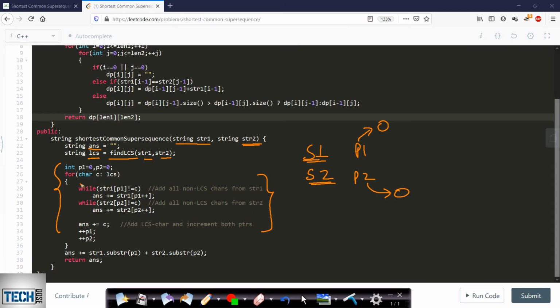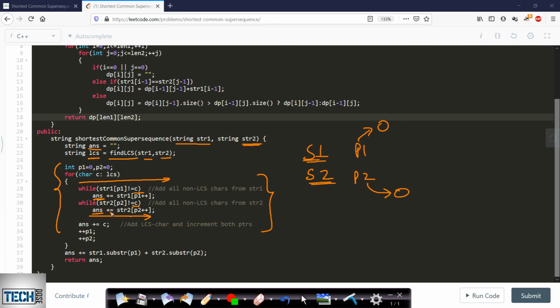We scan through all the elements from left to right until we hit the current character of the LCS. If we do not hit it, we continue to add all the characters in order into this answer string. We do the same with string S2, adding all the characters until we hit the current LCS character.